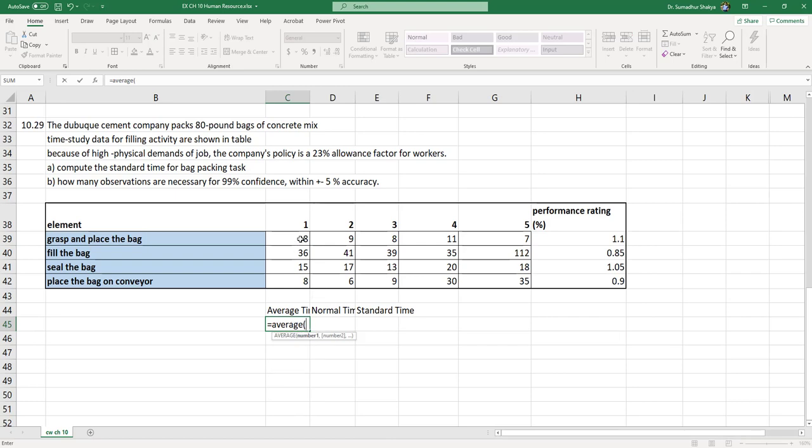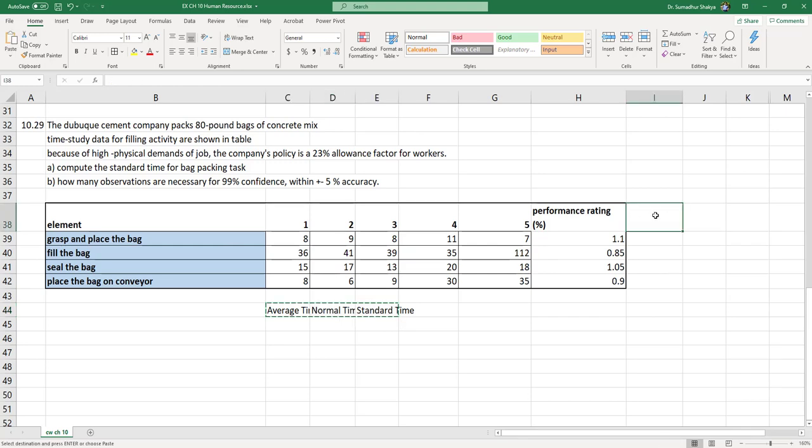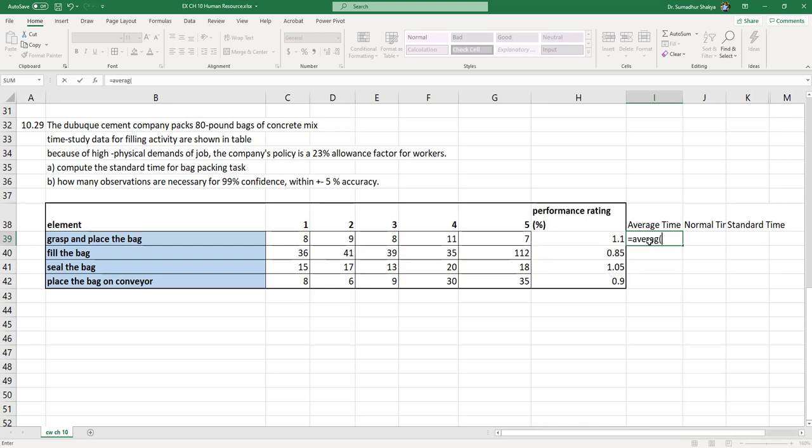So I'm going to go from the grasping the bag. Well, I think I can fit these three in there, otherwise I'll end up typing the tasks as well. So average of these 5 numbers.